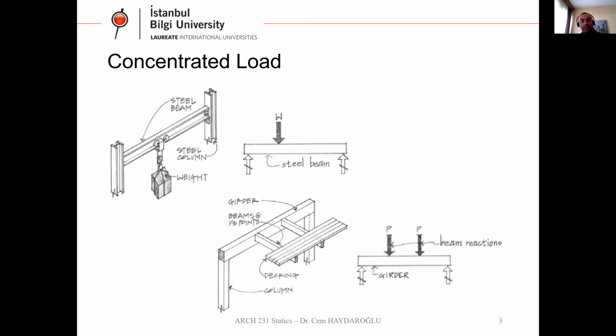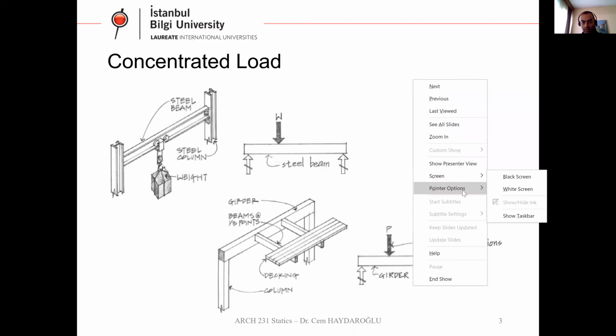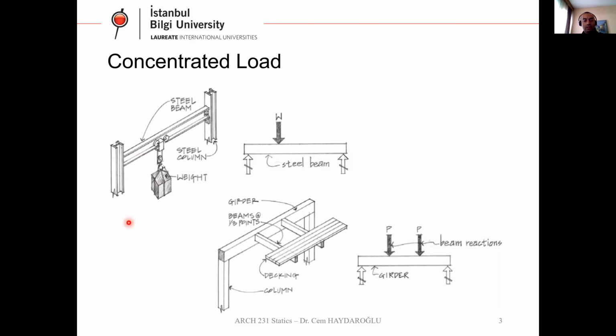Let's have a look at the concentrated load here. For example, here you can see a steel beam between 2 columns. On this beam, there is a crane carrying a load. So this is my structural system. If I draw the free body diagram, this is the steel beam.